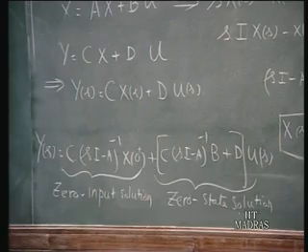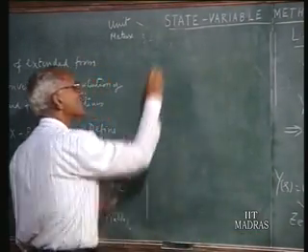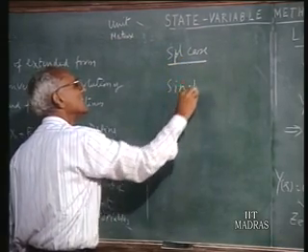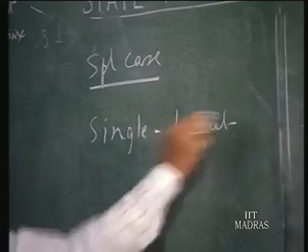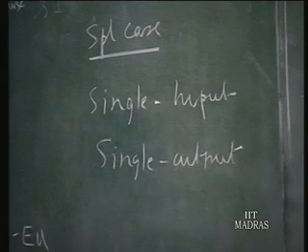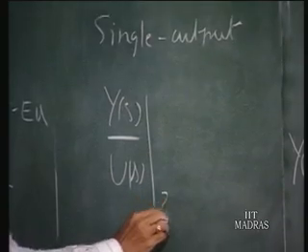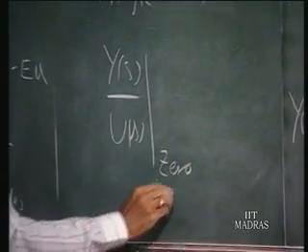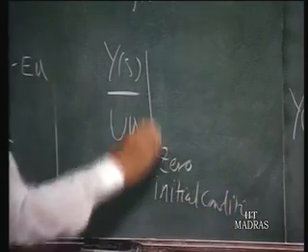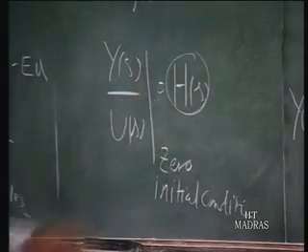Therefore, we can observe straight away that in the special case of a single input, single output system, we have Y(s) over U(s), with 0 initial conditions, is our system function H(s), and the system function happens to be equal to this.